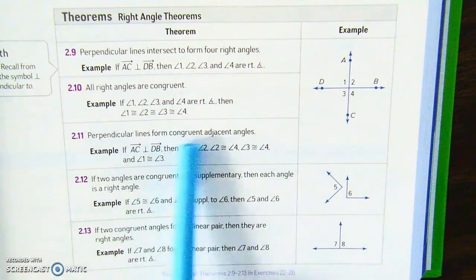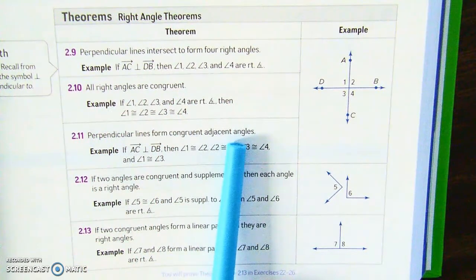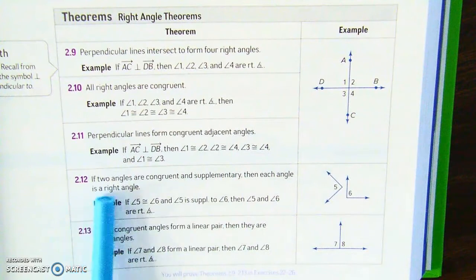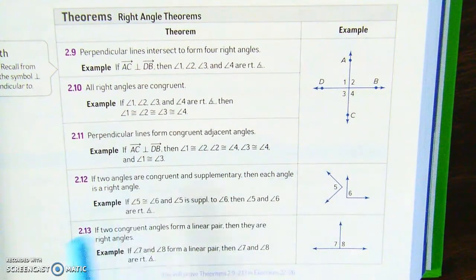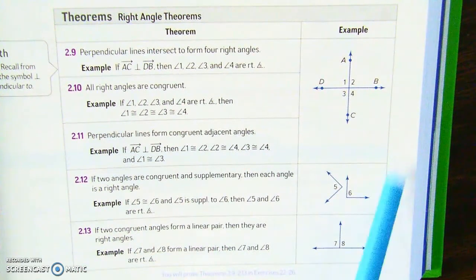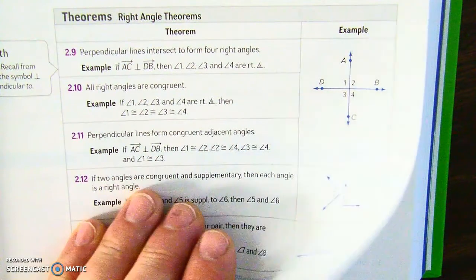Perpendicular lines form congruent adjacent angles, which means they are next to each other. If two angles are congruent and supplementary, then each angle is a right angle. And if two congruent angles form a linear pair, again, two right angles form a linear pair, they are right angles. So everything has to do with right angles and perpendicular lines and linear pairs. Okay.